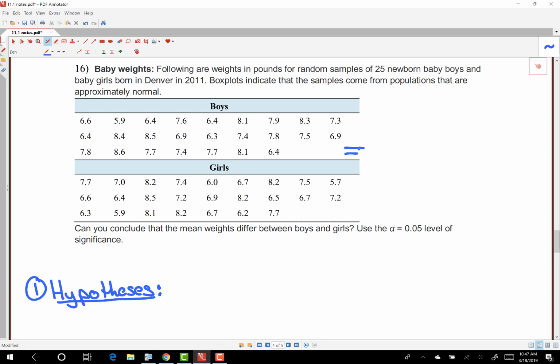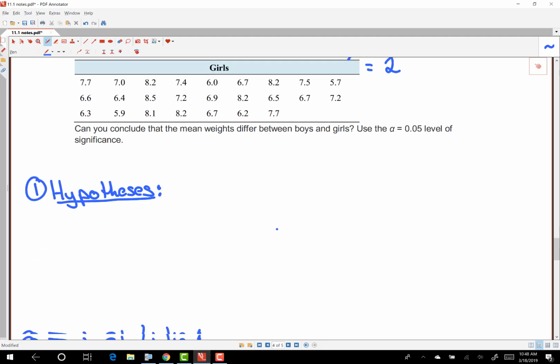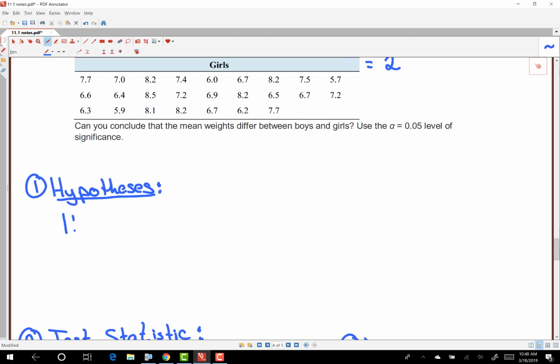So differ, we're looking at a not equal. And I'm going to let group 1 be the boys and group 2 be the girls. And we're doing this at a 0.05 level of significance. So H0, of course, is that there is no difference, mu1 equals mu2.